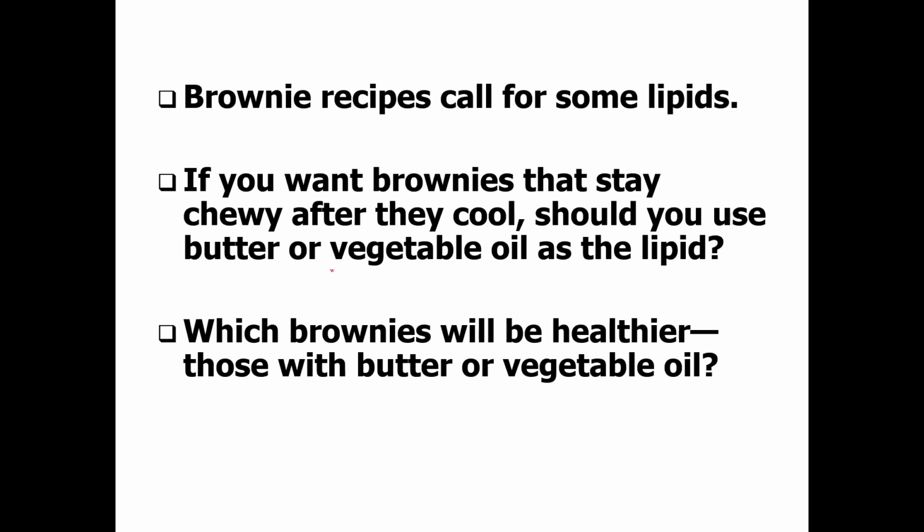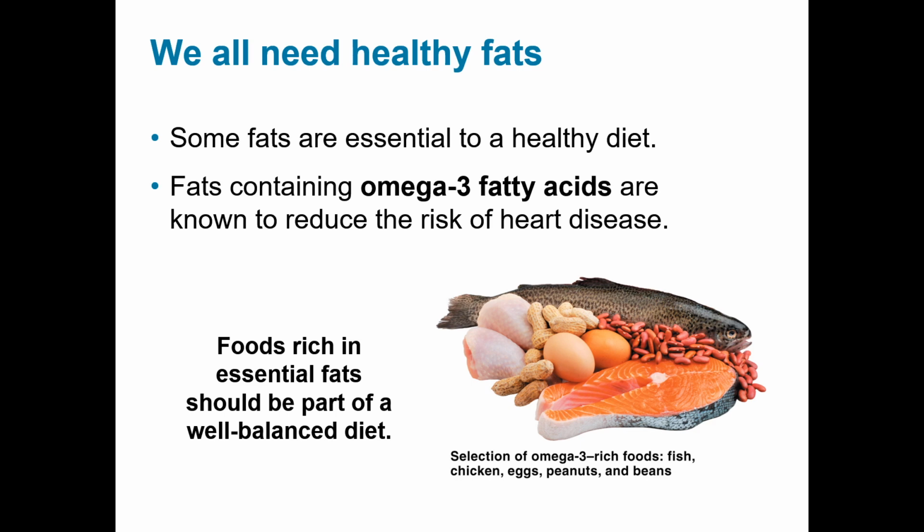So the vegetable oil is the one that's going to keep the brownies chewy. If you want a more dense brownie, have butter. Which would be healthier? Again, neither one's healthy, but because the vegetable oil contains more of those unsaturated fats, those are going to be better for your health. We'll talk about those health effects now and why unsaturated is better on these upcoming slides.